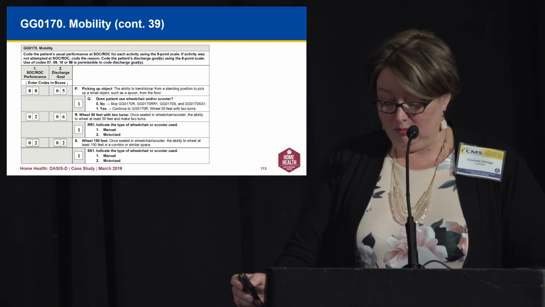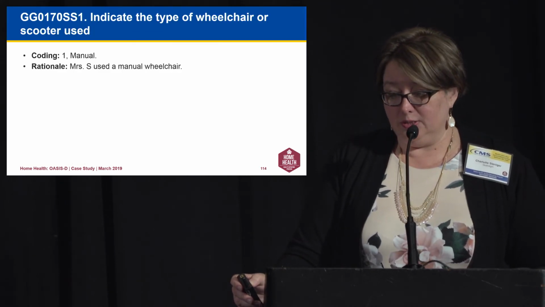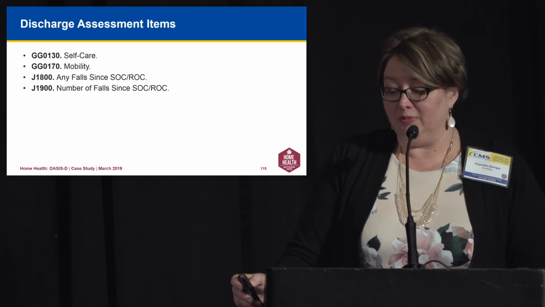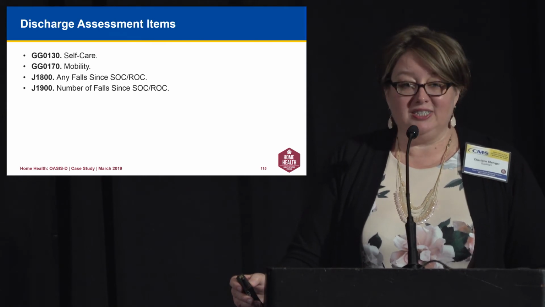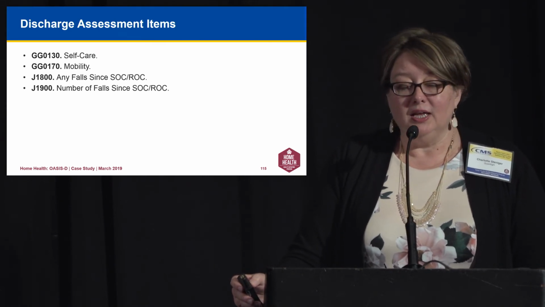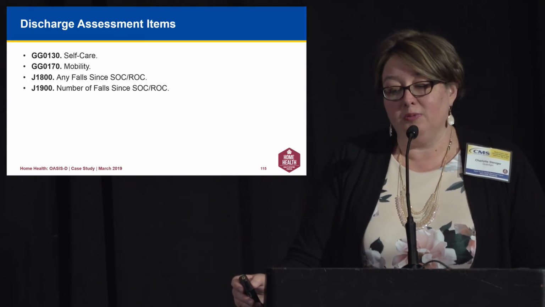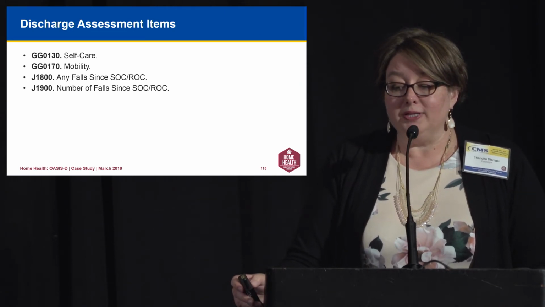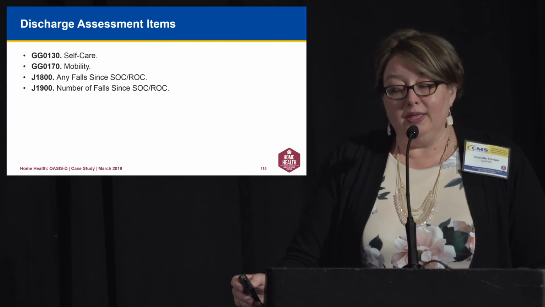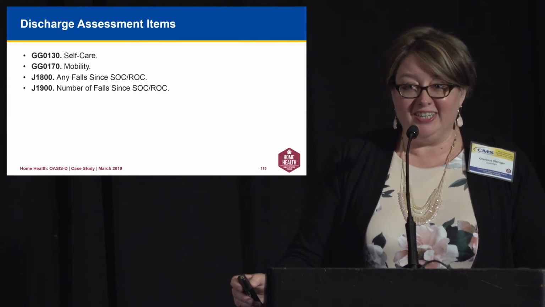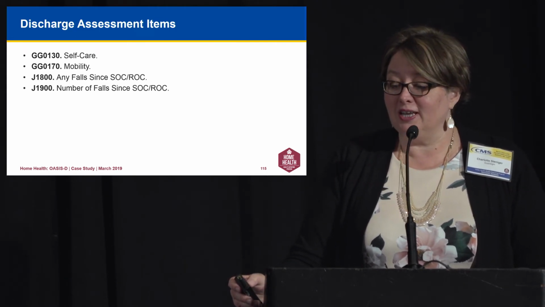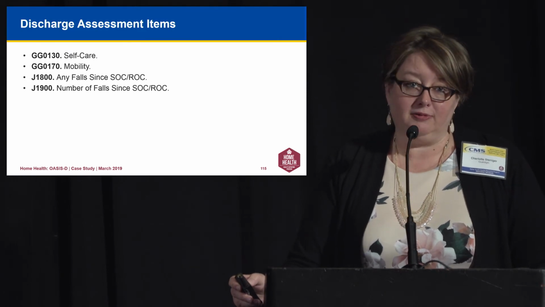Okay, so I think that takes us to, and we talked about the manual wheelchair. So that takes us to the discharge assessment items. So we are going to have you guys review GG0130 self-care, 170 mobility, and then the J1800 and 1900 items, which is any falls since SOC/ROC and the number of falls since SOC/ROC.